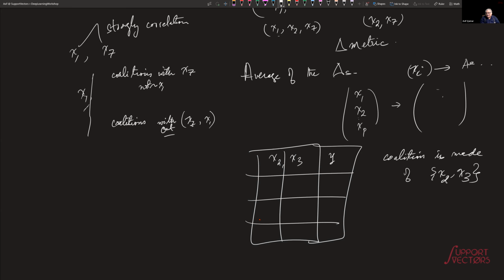And so you have a model in just two variables, exactly the same model, right? You have the same DNN, but you're only feeding X2, X3 into it. You get your Y hats.